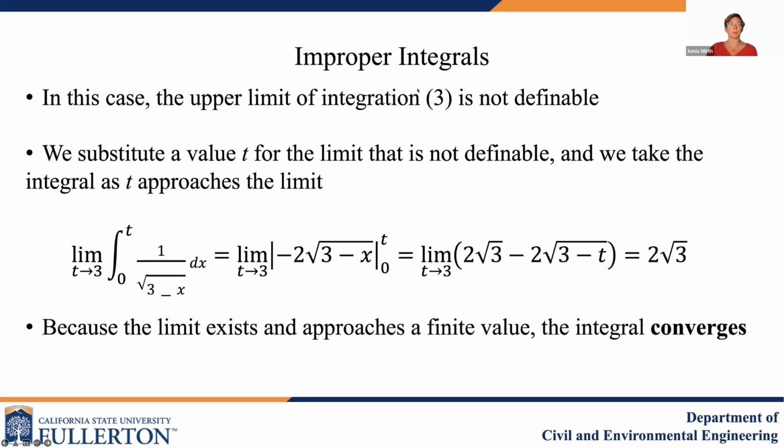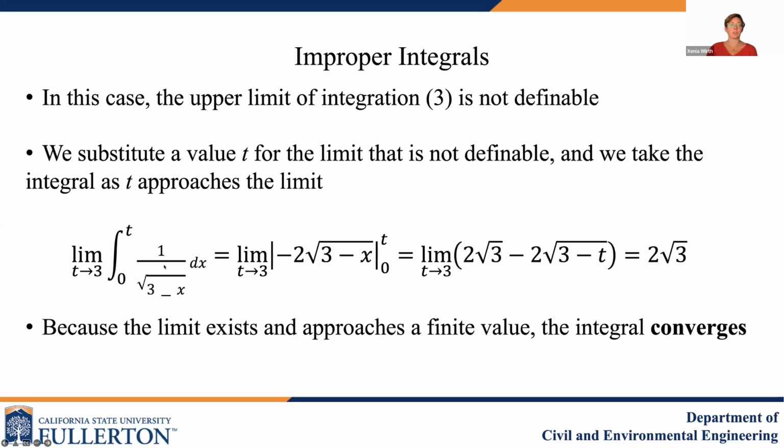So since this upper limit of integration 3 is not definable, we again substitute some dummy variable in. It can be t, it can be a, it can be b, whatever letter you want. We take the integral as that dummy variable approaches the limit of the discontinuity. So in this case, the discontinuity is not infinity. It is some finite value that makes the integral impossible to analyze.